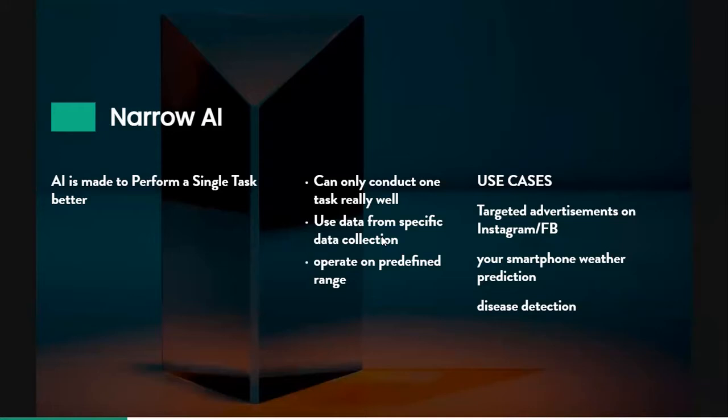Everybody's owning a smartphone, right? So in that sense, if your smartphone is able to tell you the weather tomorrow, it's only good at predicting the weather. It's not good at anything else. Ask it anything else, it doesn't know. It doesn't really know, right?